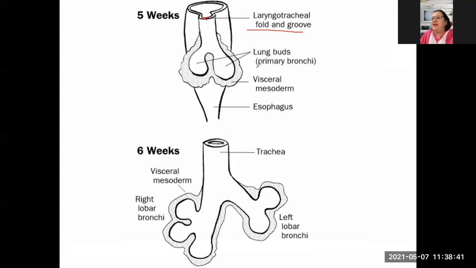And these lung buds will become your primary bronchi. As you can see, it's already forming into your right and then your left. And then you have your visceral mesoderm, and then you have your esophagus. And as you can see, while you are forming your lung buds intrauterine, there is a close proximity between the esophagus and your trachea.